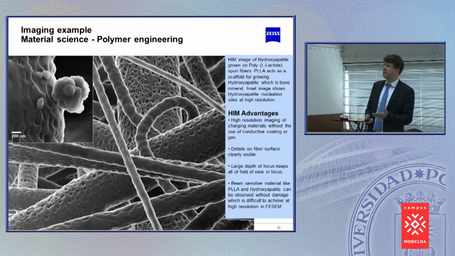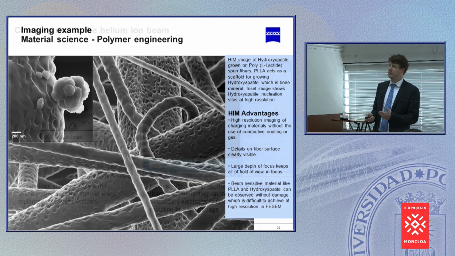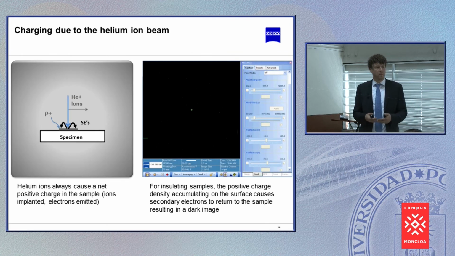This is an example. This is some polymer, and it's non-conductive, and we didn't coat this. There's a trick behind this, because of course the sample will be charged.